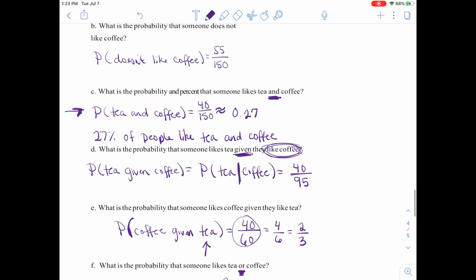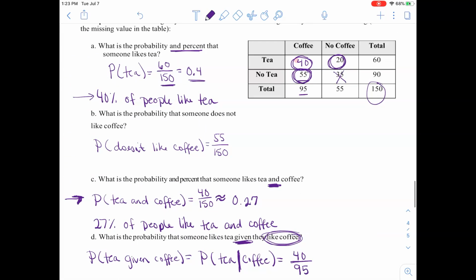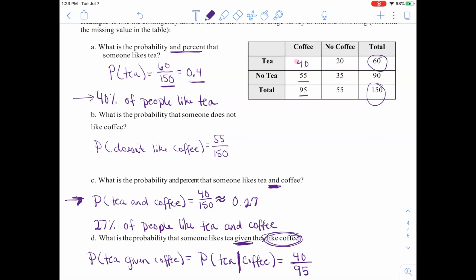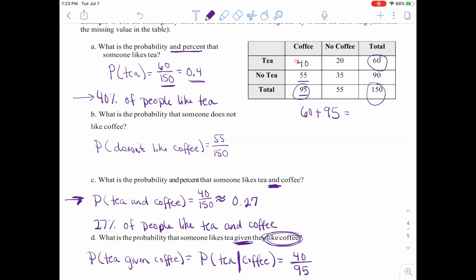Now here is the thing, if you're like, wait, I wanted to do it a different way. You do have that option. It just creates some problems because some of us want to say, okay, well, 60 people like tea and 95 people like coffee. So that should give me everything. And if I do that, though, I get 155, which is very different than 115.